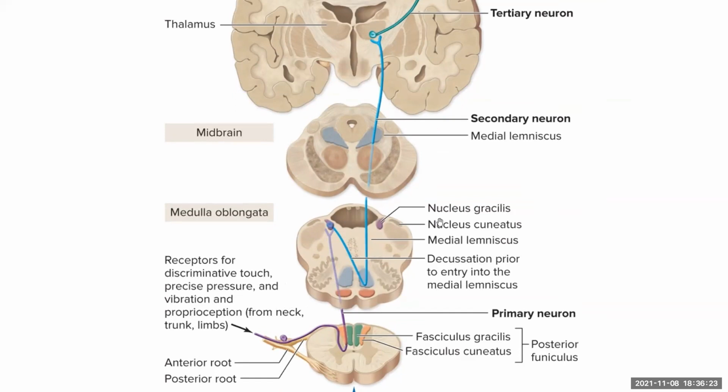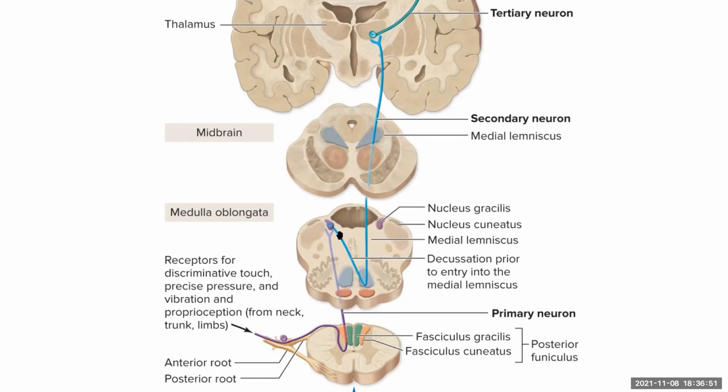If it is carrying information from your lower extremity, it's going to synapse on the secondary neuron in the nucleus gracilis. If it's carrying information from your upper extremity, then it's going to synapse here in the nucleus cuneatus. So in this drawing here, it's the nucleus gracilis. So the primary neuron is going to synapse on that secondary neuron in the nucleus gracilis here.